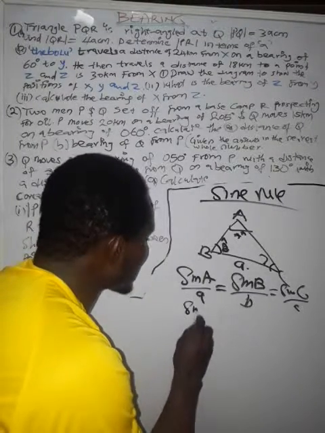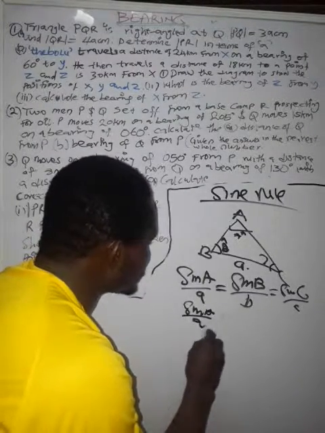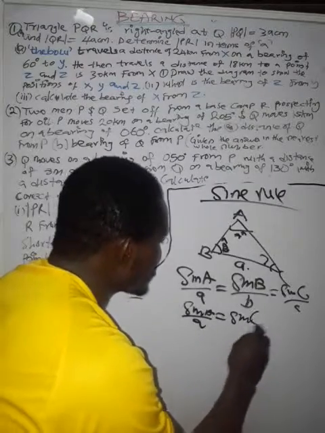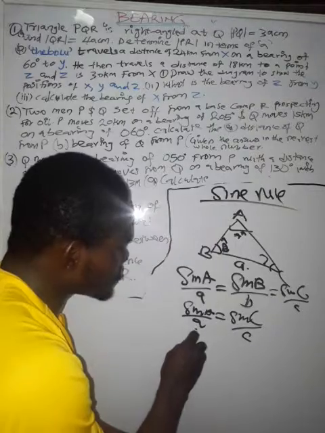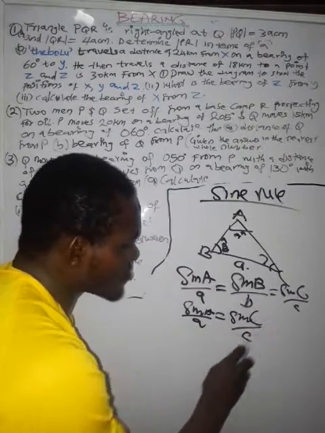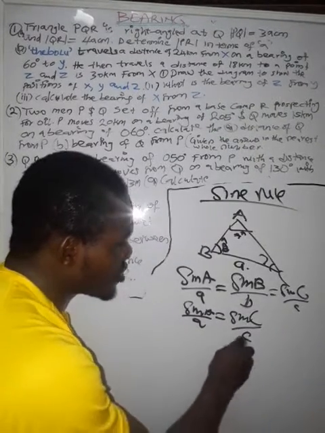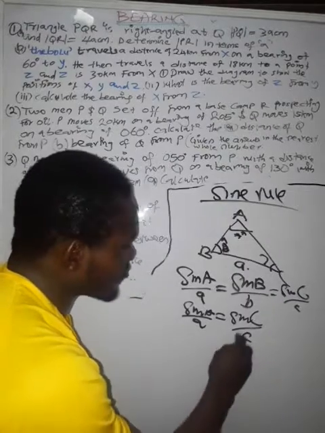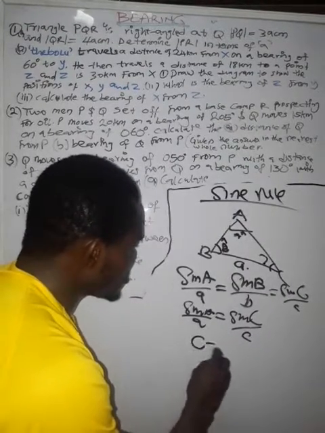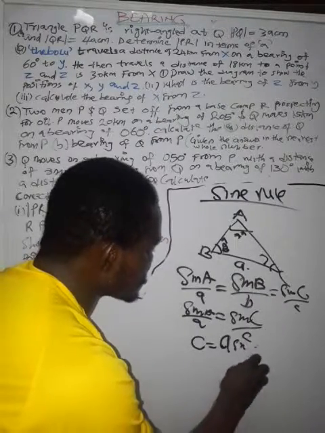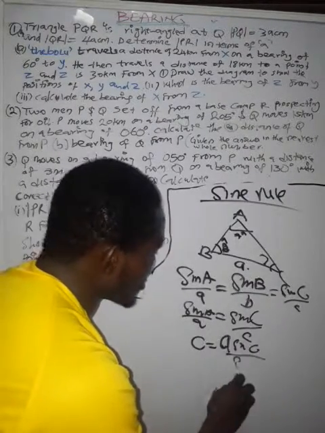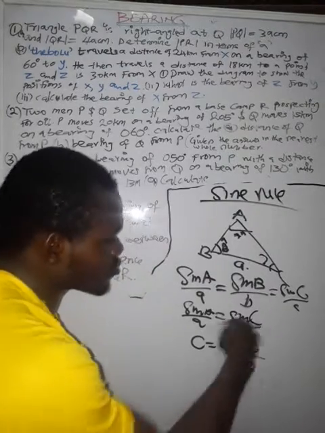So you have sine A over small a equals sine C over small c. I'll substitute the value of A, the value of small a, the value of capital C, that is the angle. Then from here I will look for c. Here it will just be c equals a sine C over sine A. So from here I'll be able to calculate my c.